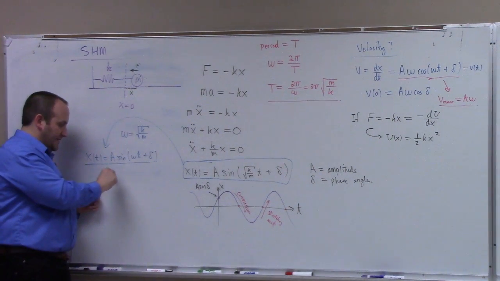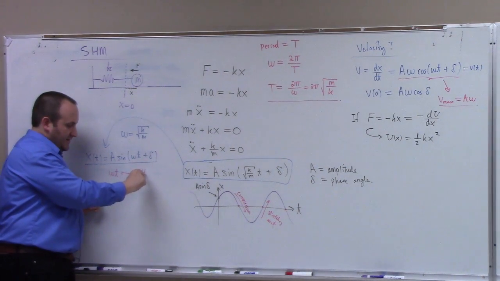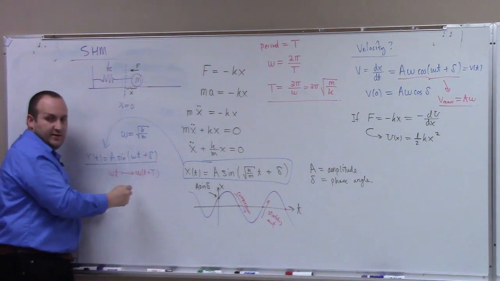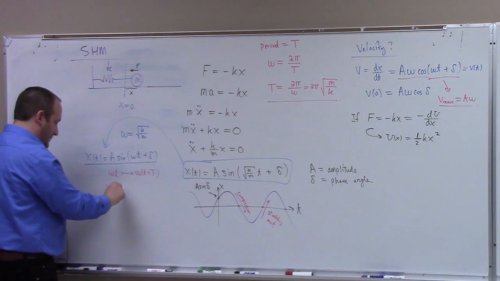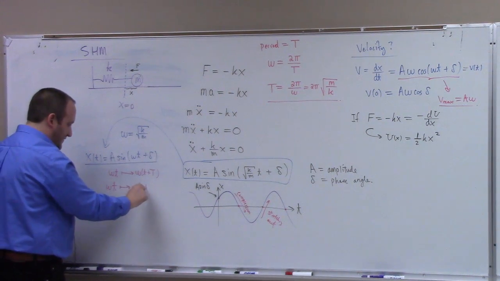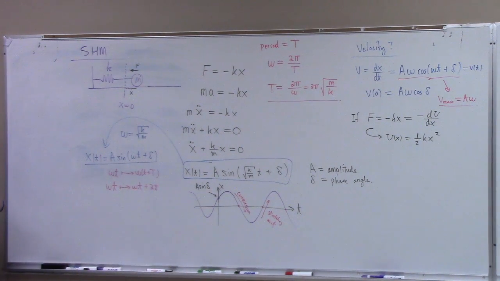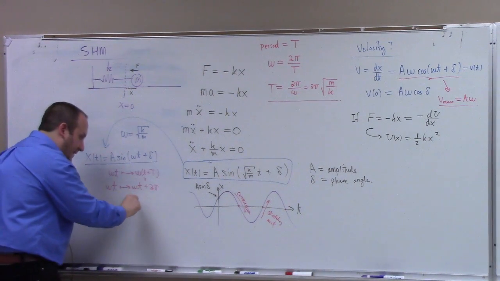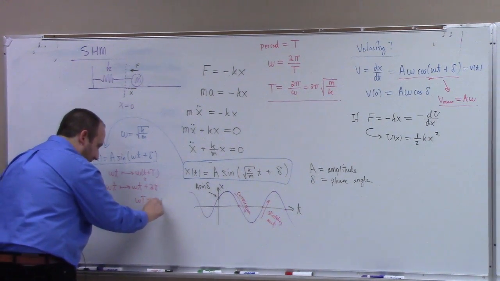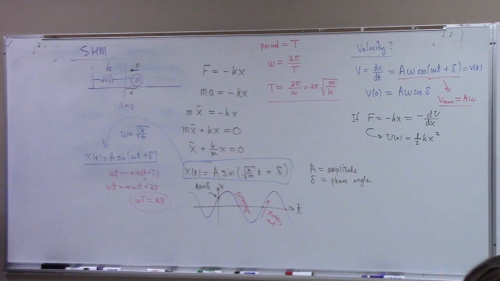So basically, omega t should go to omega times t plus the period when omega t goes to omega t plus 2 pi. If you think about how this function works, it's 2 pi periodic, right? So if you set these equal, that gives you omega T is equal to 2 pi. So omega T being 2 pi tells you that the period is 2 pi over omega, or vice versa.